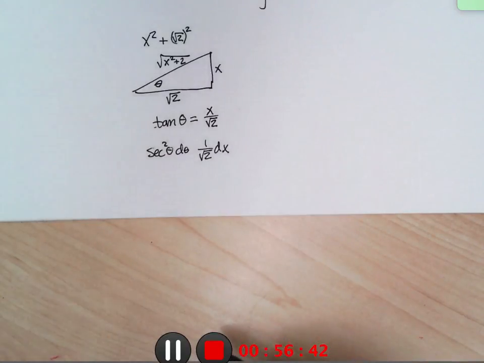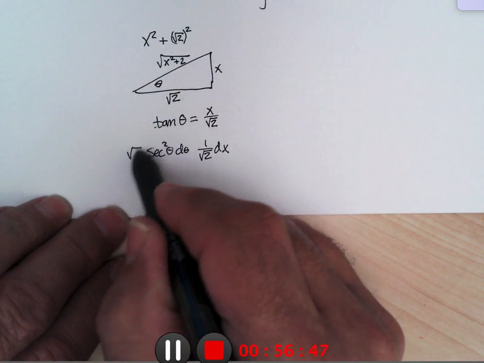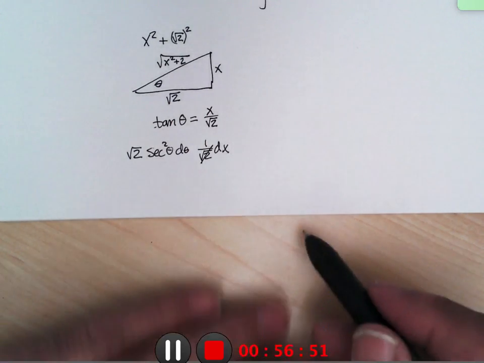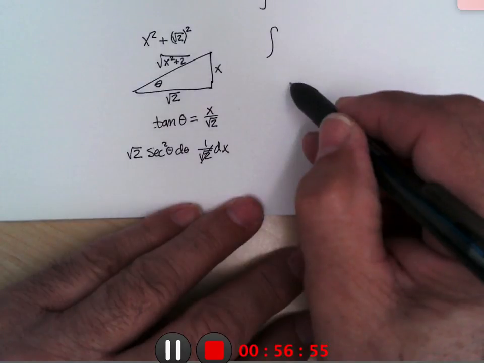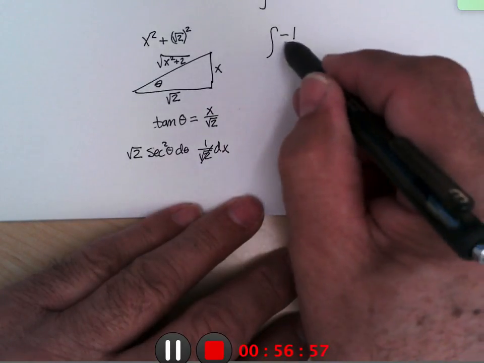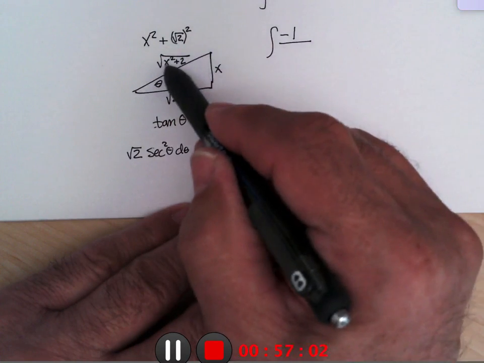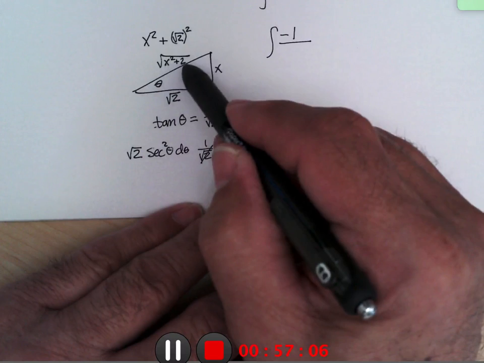So to replace dx, I'm going to put the square root of 2 over here and not there. And now I'm going to go to my problem, and I'm going to say I have the antiderivative of minus 1 over, well, that denominator looks like this, but it would be, this is the square root, and it's actually squared.